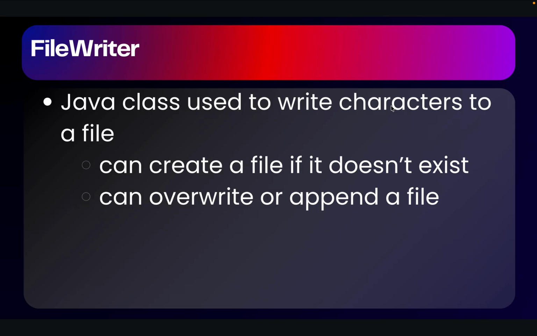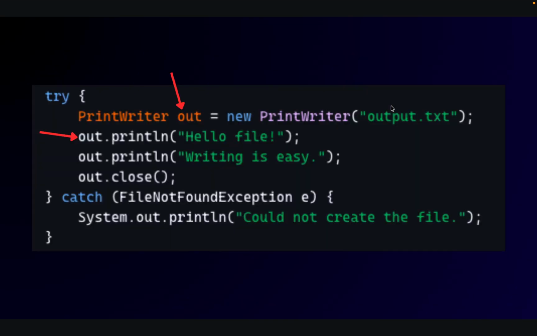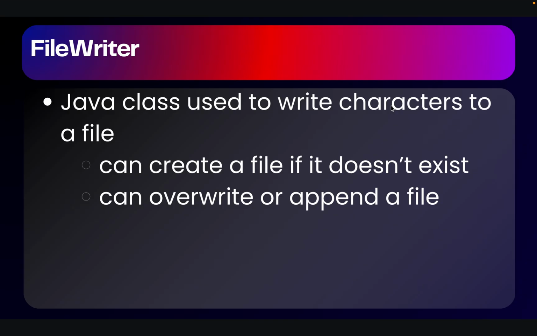In this case, we are writing some text to a file. We will be adding or overwriting a file. If you use this, it can create the file if it doesn't exist, or it can overwrite or append to a file.